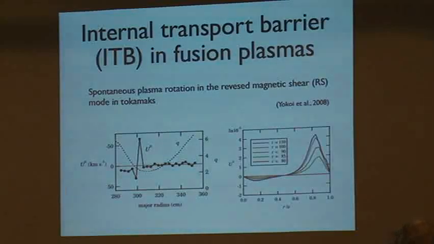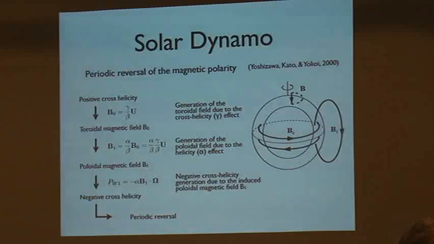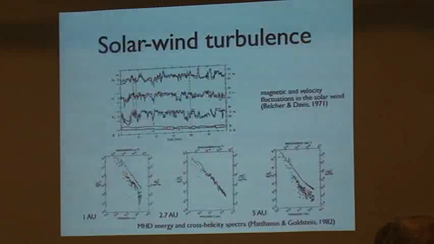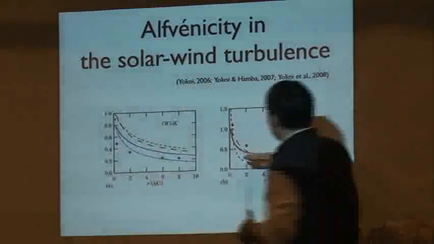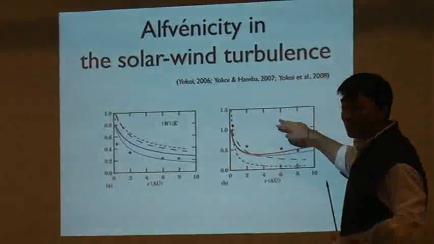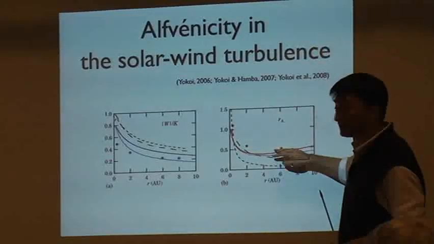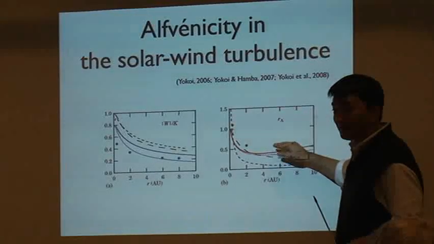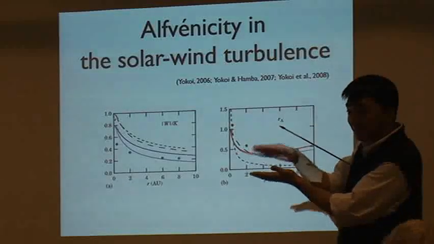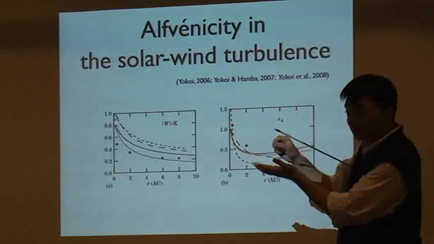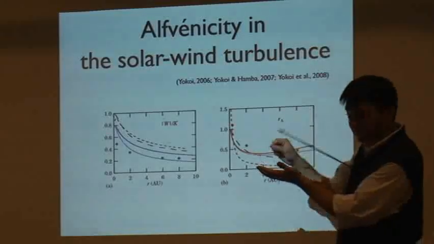Is there a dynamo in solar wind? You're saying there is a dynamo in solar wind? No, I meant the accretion disk simulation. But in solar wind, why is there no dynamo? Of course, in solar wind the Alfvén ratio of 0.5 is a direct consequence of the finite residual energy, the finite deviation from equipartition between U scale and B scale.